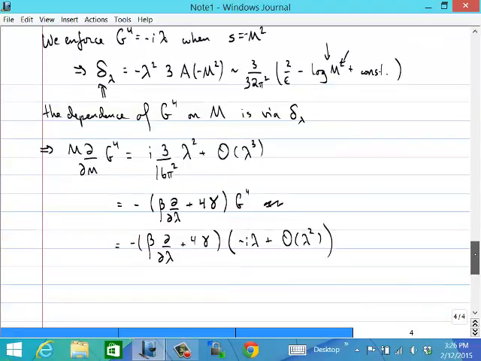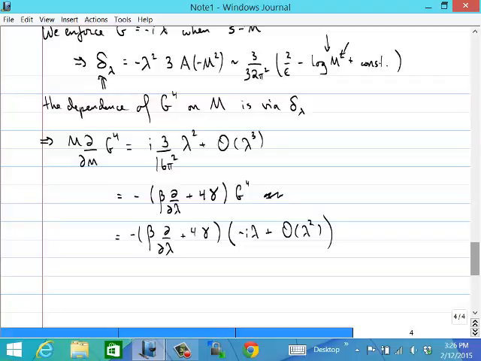So I already argued up above using the 2-point function that the anomalous dimension gamma was of order lambda squared. And so you can see that that will give a term here. So you get a gamma times a lambda that's of order lambda cubed. So the anomalous dimension term is only going to be in here. And the beta function has to be such that it reproduces this factor of 3 over 16 pi squared times lambda squared.